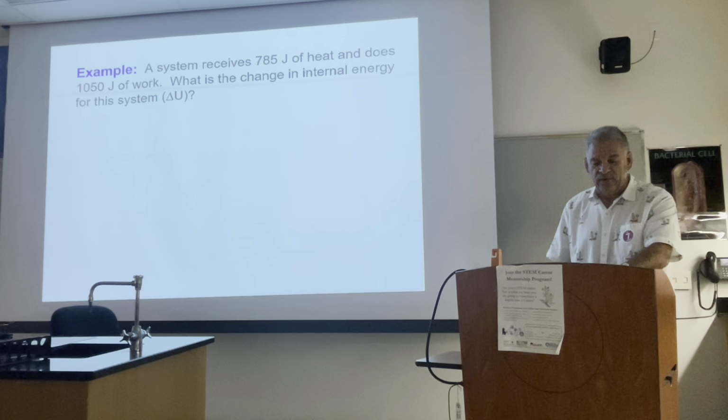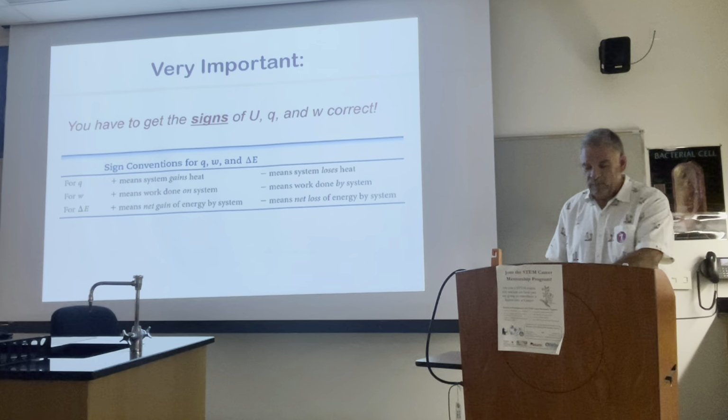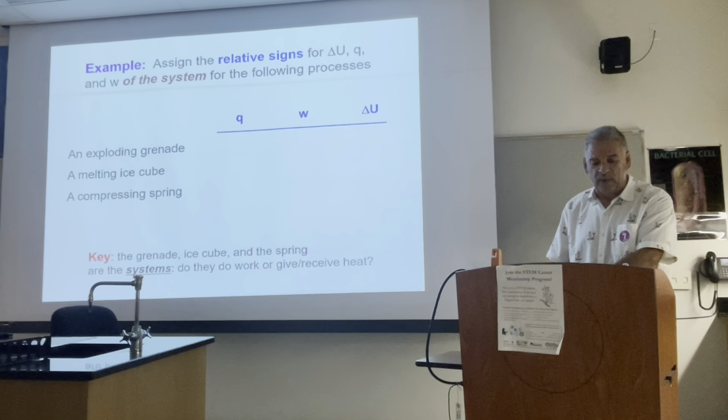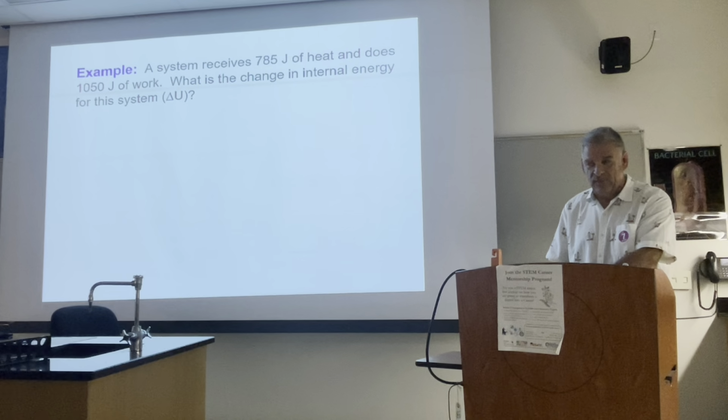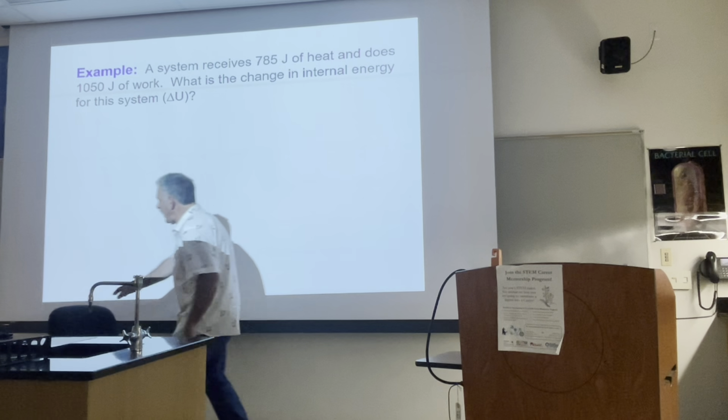And does 1,050 joules of work, work done by the system, so the 1,050 is minus. Are you following me? 1,050 minus, plus 785. So the overall change is the combination of Q and W.